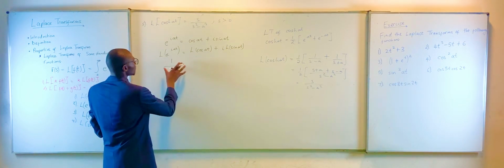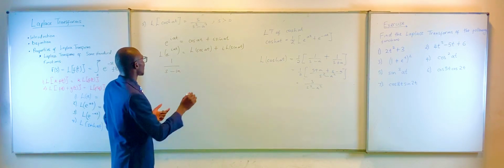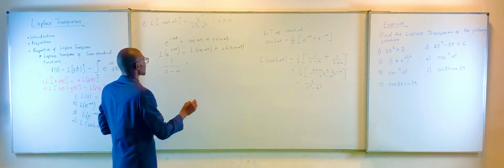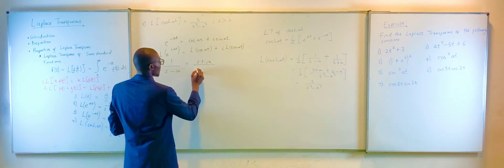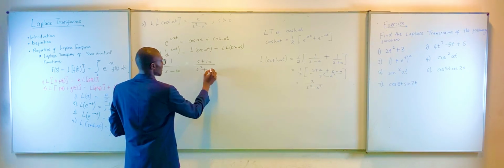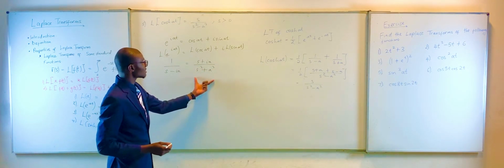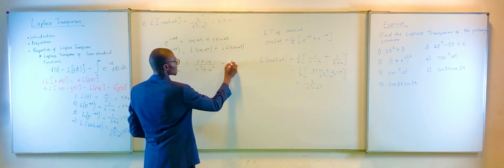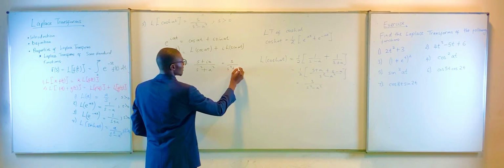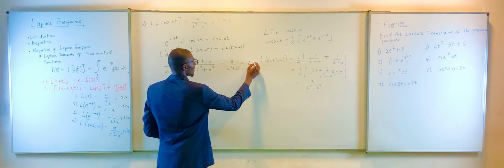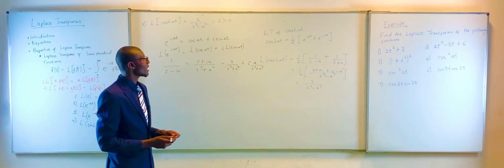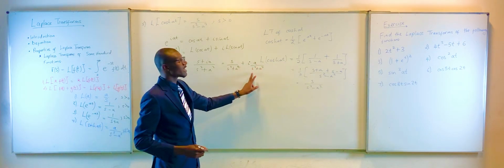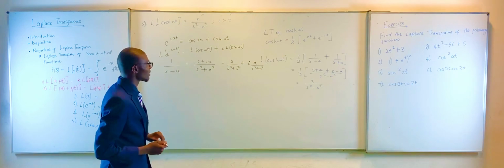Right, so first of all, let's just evaluate what's on the left hand side. So if we rationalize this, that will be s plus ia over s squared plus a squared. Right, and if we split this, this will simply be s over s squared plus a squared, then plus i a over s squared plus a squared, like that.